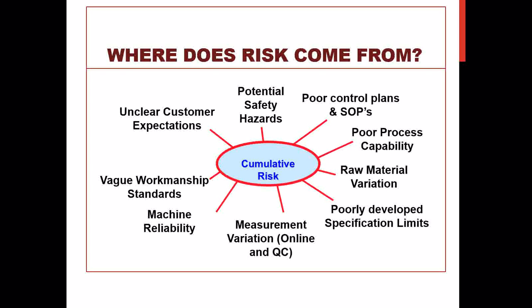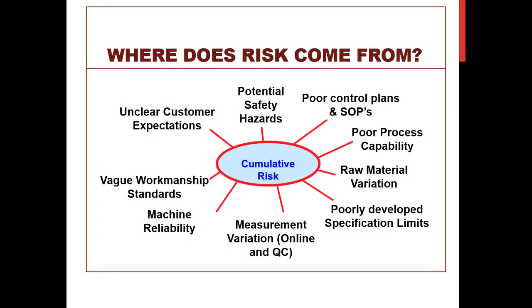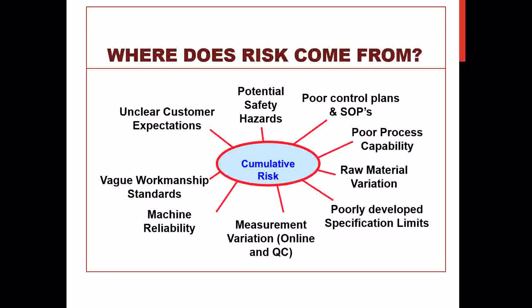So where does risk come from? Besides the obvious potential safety hazards we just talked about, they can come from any of these other areas that we've shown here, such as poor control plans or standard operating procedures on the factory floor, or process capability, or issues with material coming in, or poor specification limits set for the product and the manufacturing.